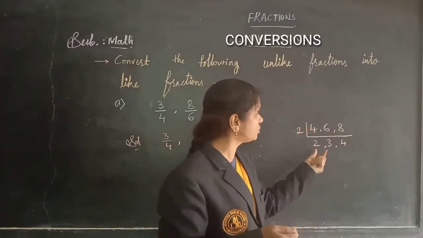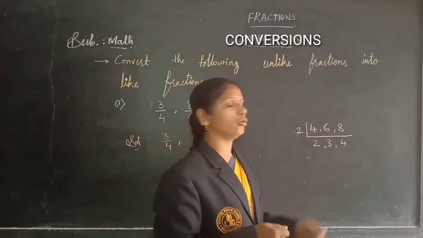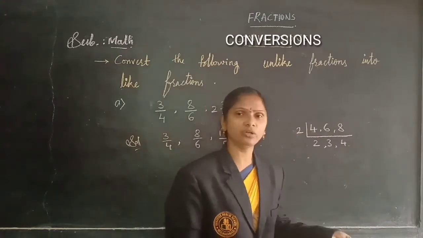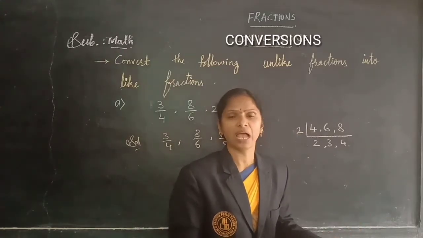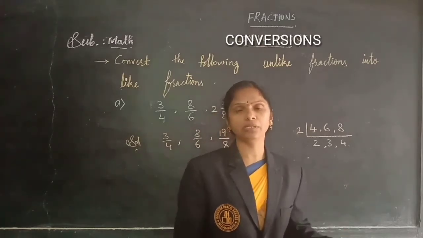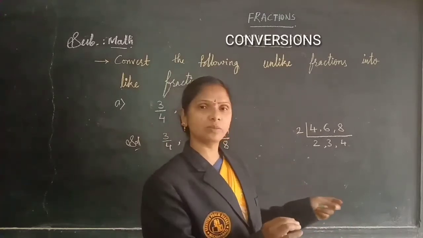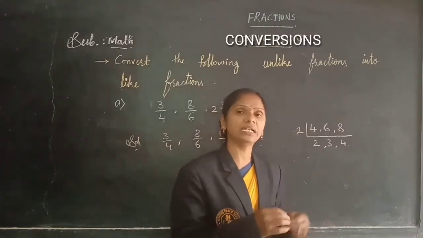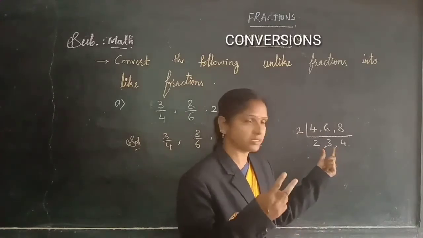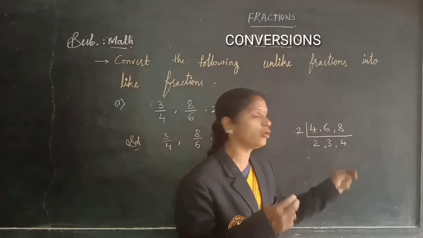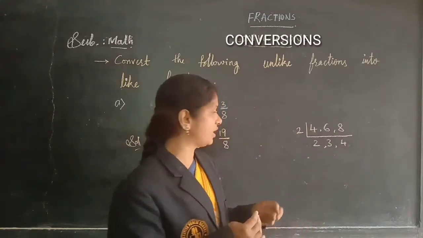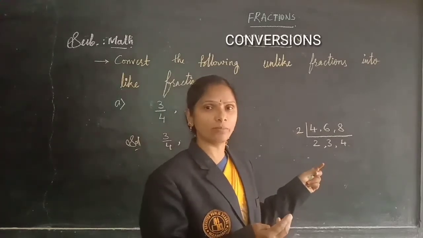And later, again you check whether 2, 3 and 4 are in any table except the 1 table, children. Is it possible to get these numbers in any table as products? No, these three numbers we won't get in any table. So if 3 numbers are not possible, at least check for any 2 numbers.